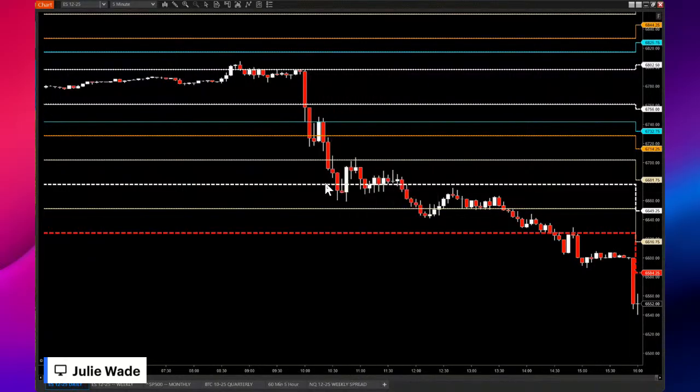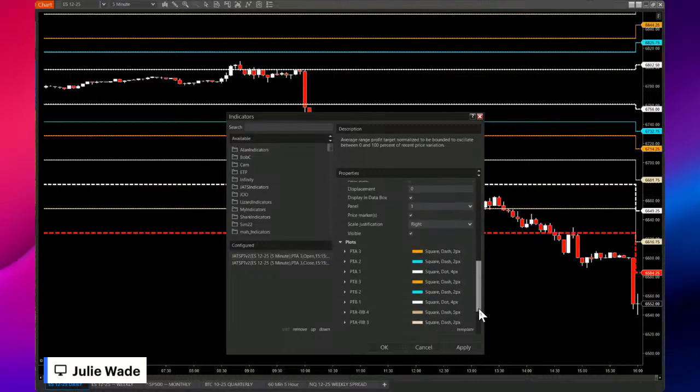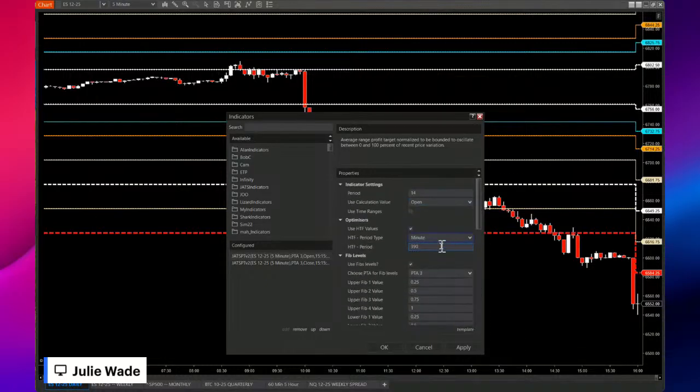But when you change this to the minute for the RTH time period, do I have this right? No, this is the blue 450.